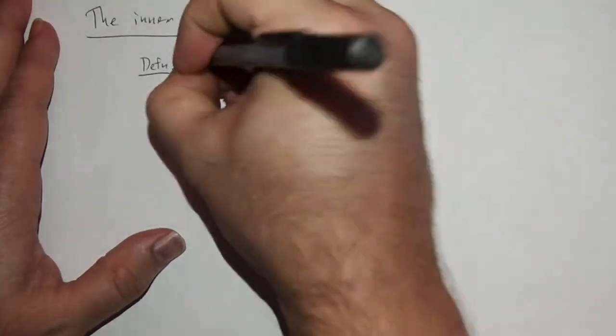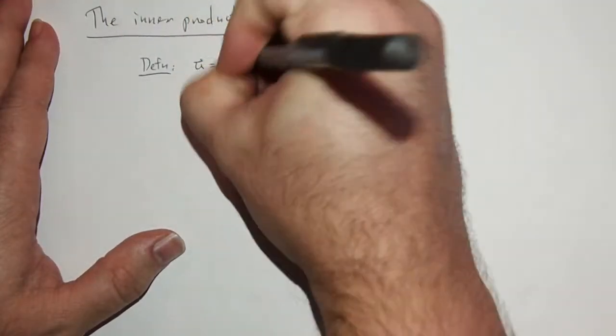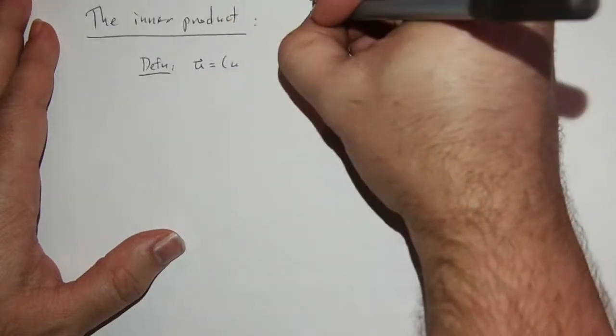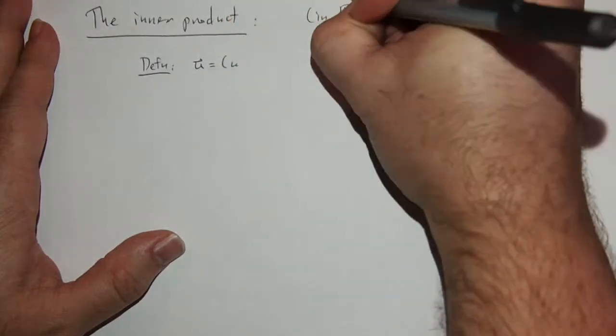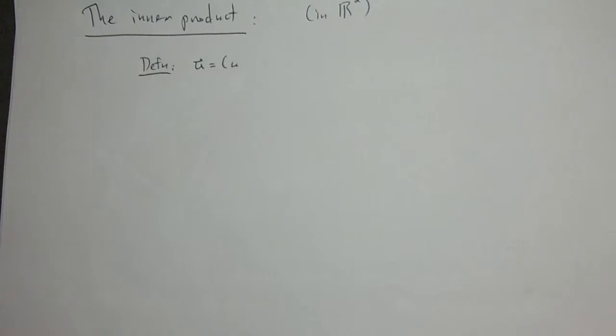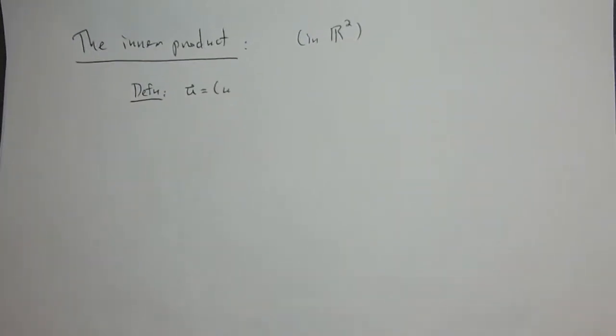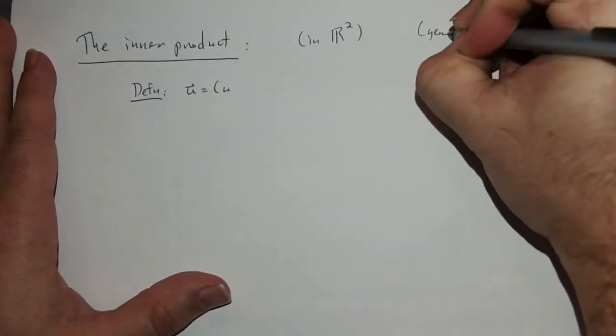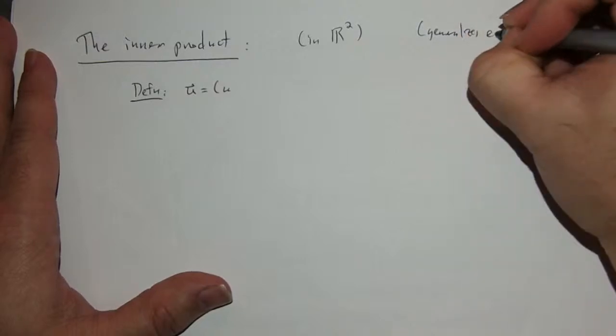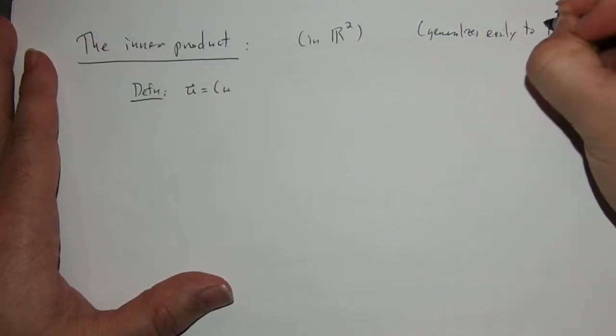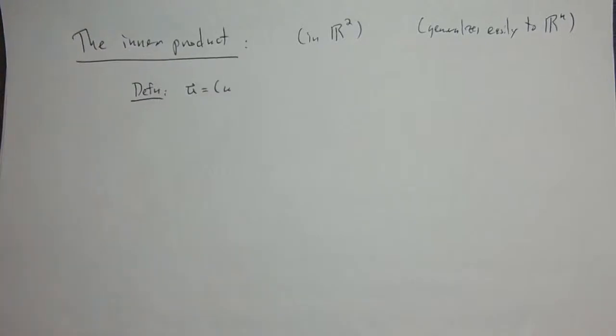I'm kind of getting ahead of myself here. So what is the inner product, of course? Definition: we talk about this in R2, but it generalizes easily to Rn. And in fact, the primary setting in which you've seen the inner product previously is in R2 and R3.